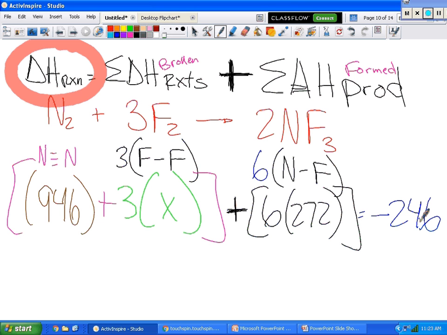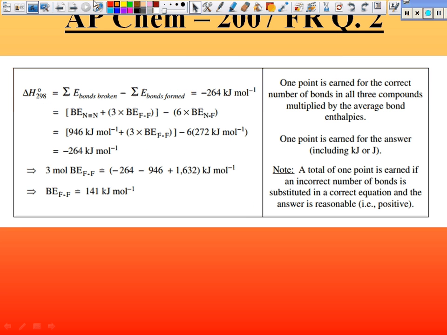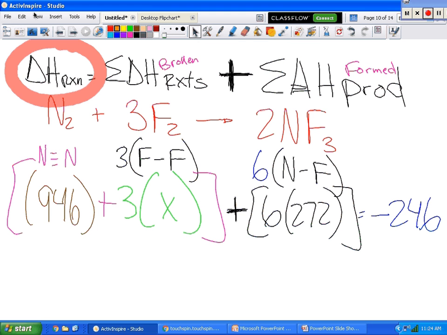Now, because of time, I'm just going to go ahead and show you the answer. And this is what they did. So now they've got bonds broken minus bonds formed. Why do we have plus bonds formed? Let's go back and look at what they did.